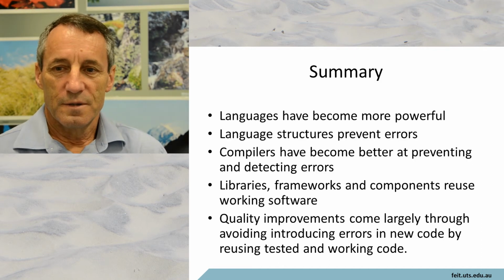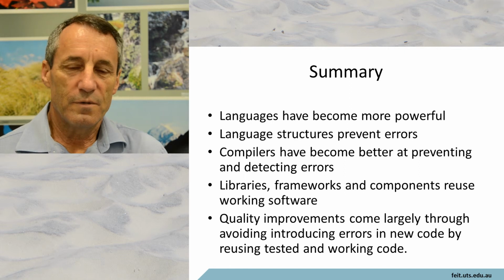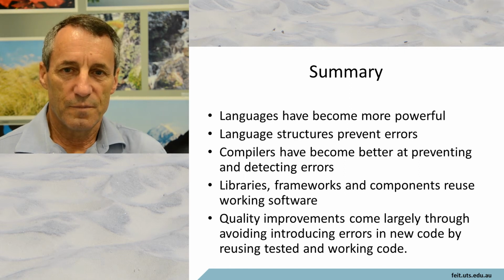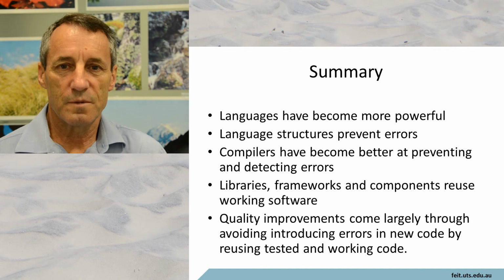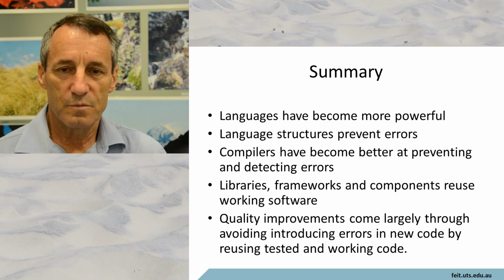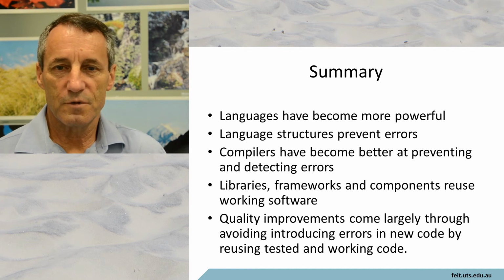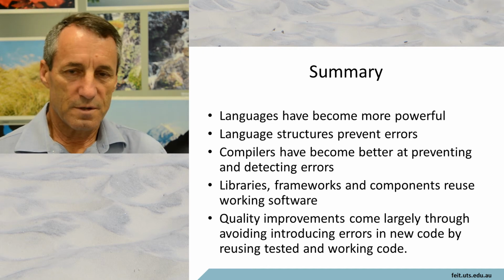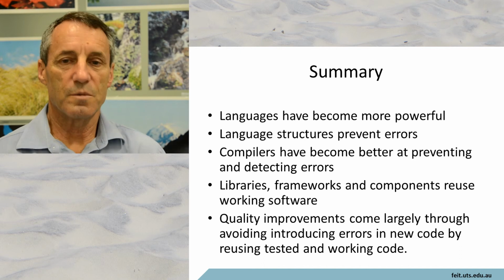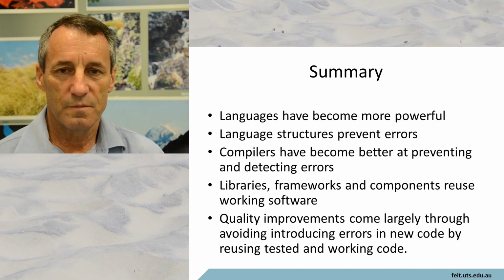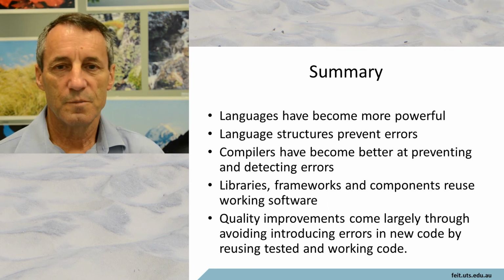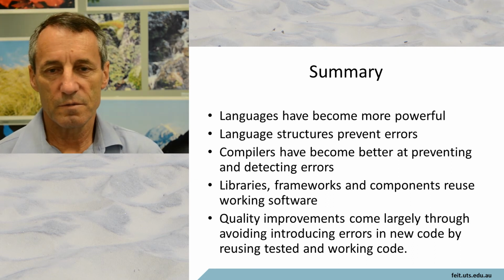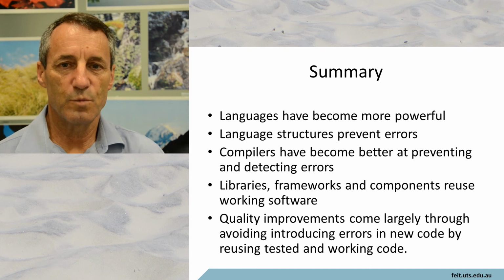So in summary then, the more powerful languages have arisen, possibly with some reduced flexibility, but we don't seem to have suffered too much. Some of that reduced flexibility has translated into simply bigger programs, or programs that are a bit slower. But these have been overcome by the significant rise in the capacity of computers.